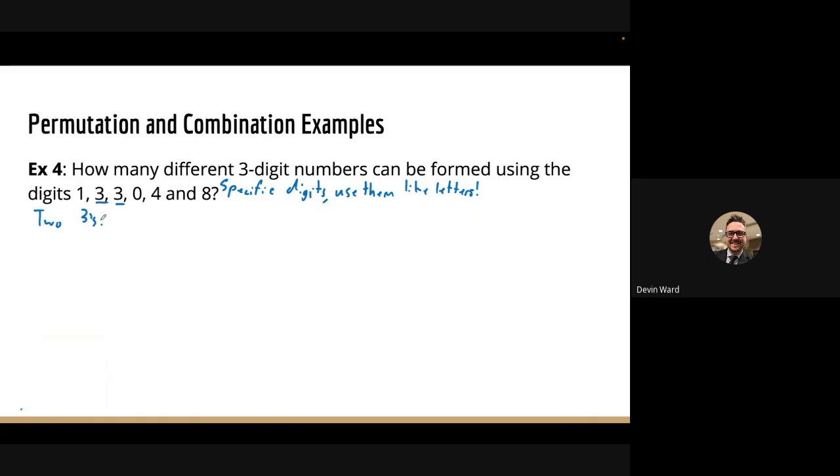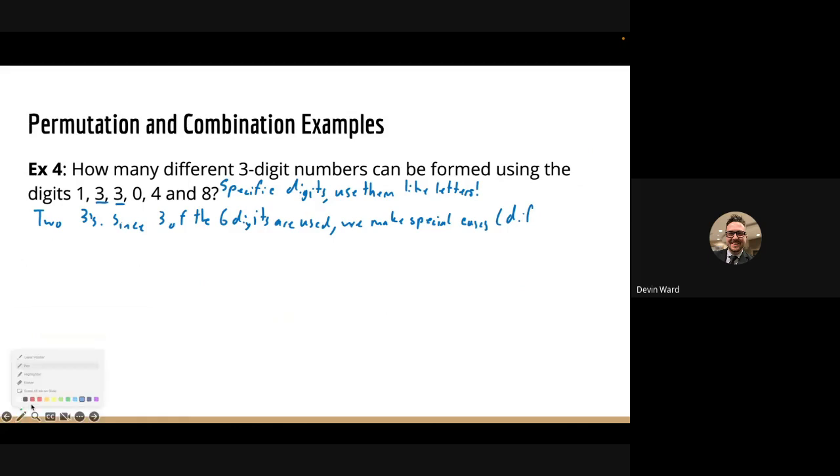And then since to make a 3-digit number, we only need to use 3 of the 6 digits, we can make special cases. Okay, and we're going to use the direct method.